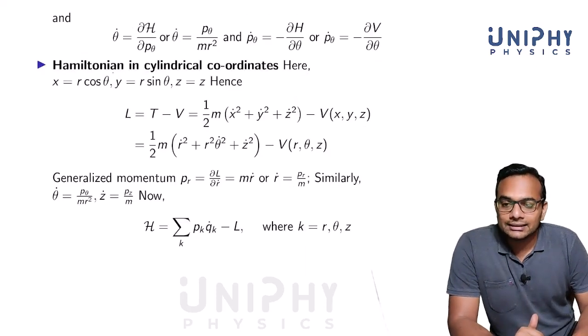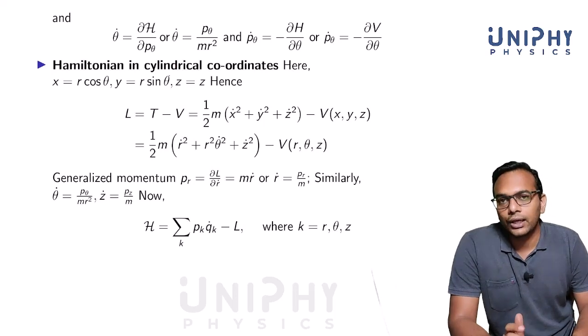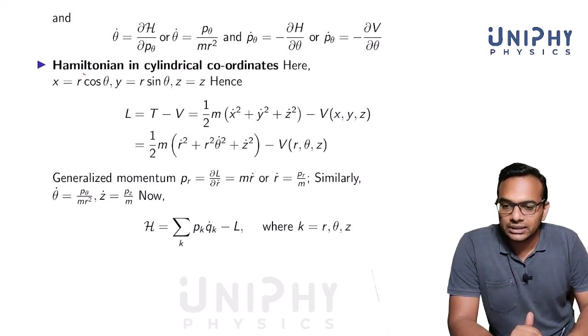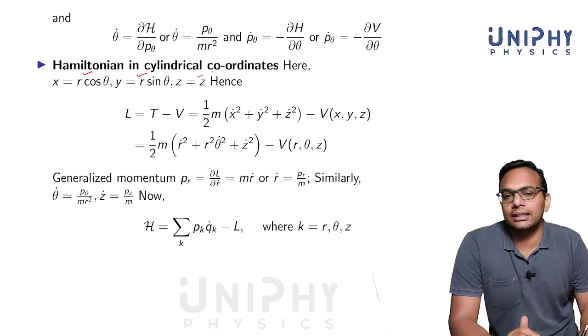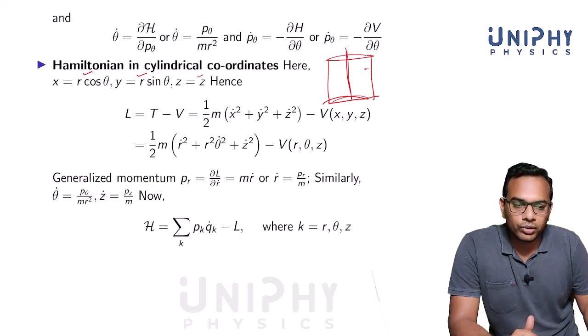And again, let's go to cylindrical polar coordinates, or cylindrical coordinates. The transformation equations are x equal to r cos theta, y equal to r sin theta, z equal to z. You might be familiar with the cylindrical coordinates. We have this height, let's say we need to talk about a point here.